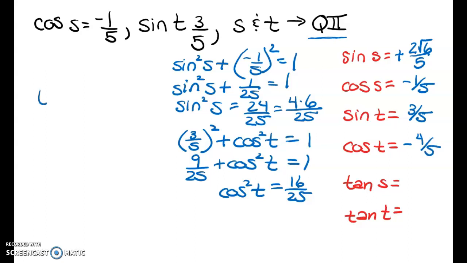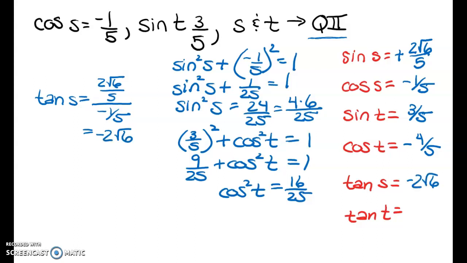So now when I find the tangent of S, it's the ratio of the sine over the cosine of S. So I'm going to get -2 square root of 6 for the tangent of S. And then for the tangent of t, I'm going to get 3/5 over -4/5. So I'm going to get -3/4.